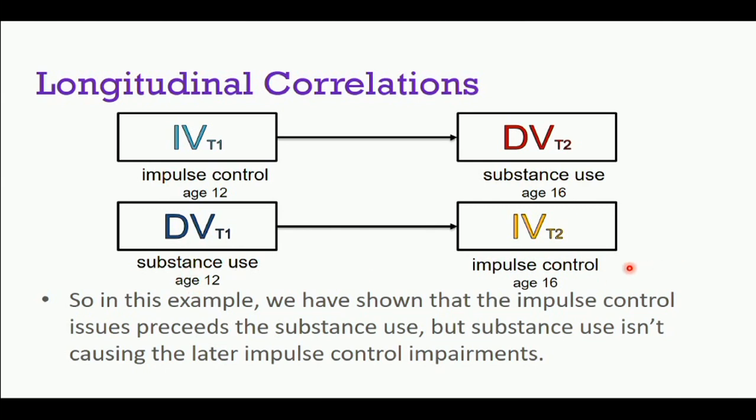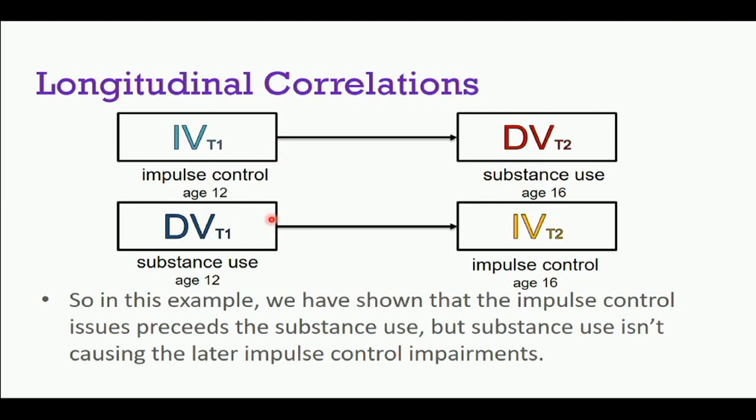Well, that suggests to me that we can't prove temporal precedence because it could be that the substance use causes the impulse control disorder. And if they were using it at 12, maybe they were using it earlier, and that association between those two is significant.